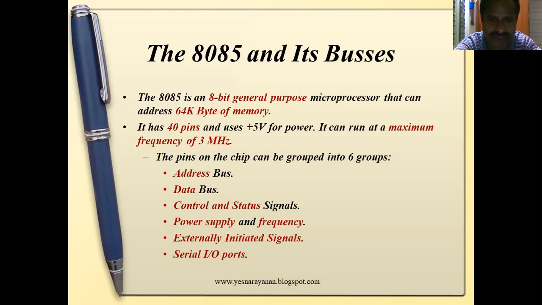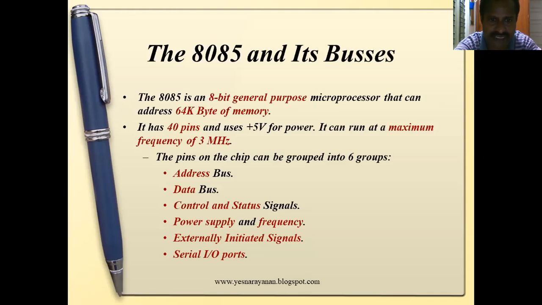There are various control and status signals available: IO/M bar, like this. Also we require power supply and clock signal to operate 8085.